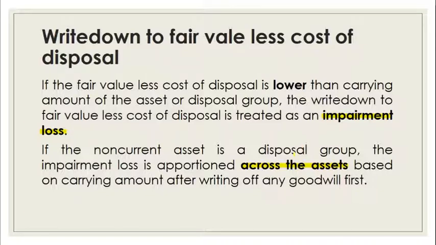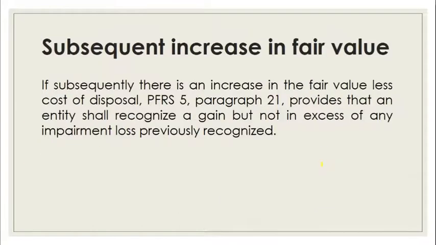So, naay portion sa impairment loss nga allocated to your machinery, nga portion allocated to your equipment, and so on and so forth. So, dapat imong i-allocate gihapon ang katong imuhang impairment loss if ever there is any, based on carrying amount after writing off any goodwill. So, muna siya.